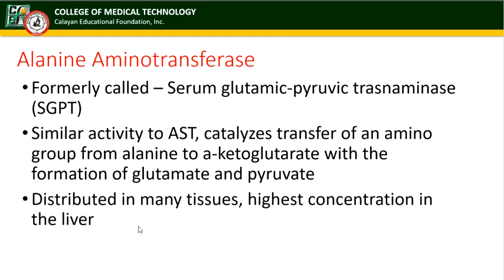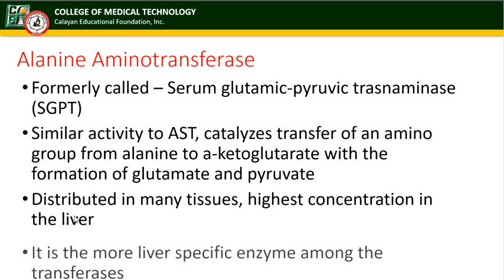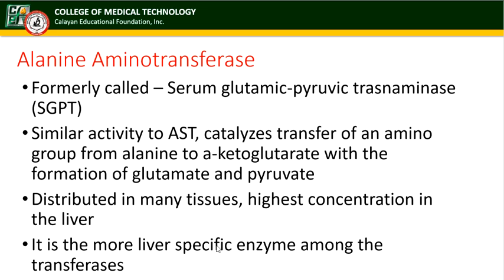So, distributed in many tissues, highest concentration is in the liver. Pinakamataas yung concentration niya sa liver tissues. So, it is more liver-specific enzyme among the transferases. So, sa mga transferase, siya yung mas specific sa liver, SGPT.